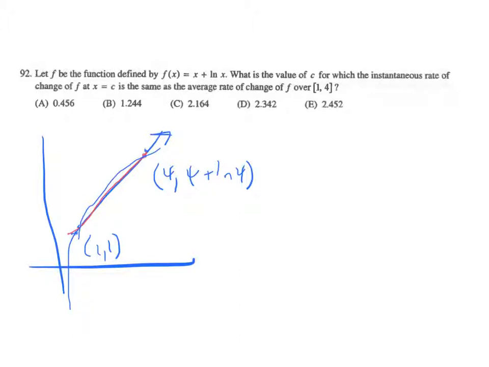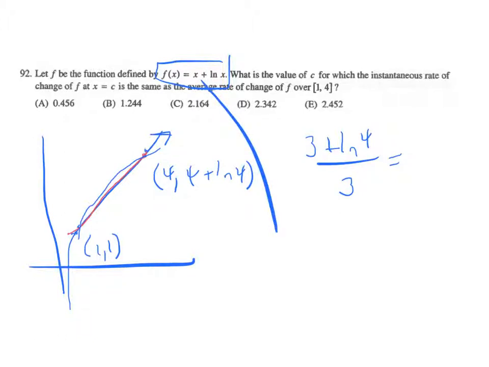So what is the average slope? Well, the average slope is going to be the slope of that secant, which is going to be 3 plus the natural log of 4 over 3. And so there must be some point in the interval where that is going to equal the slope of this. So what is f prime? F prime is 1 plus 1 over x. So at some point this has to equal 1 plus 1 over x.